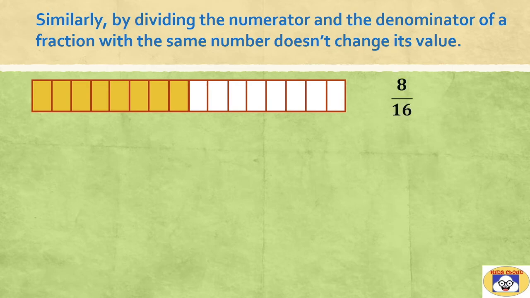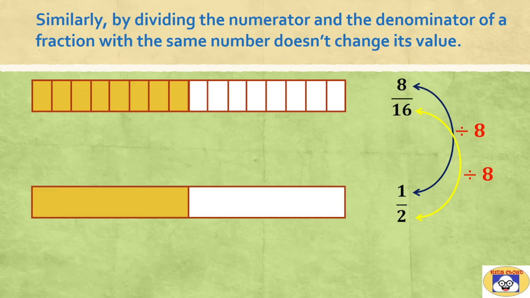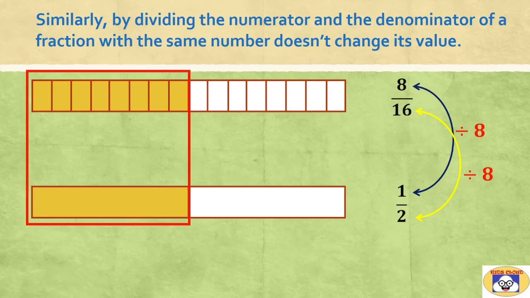To simplify it, if we divide the numerator and the denominator by the number 8, it will reduce to 1 by 2. Again, the yellow colored area doesn't change, though the fractions appear different. Hence, 8 by 16 is an equivalent fraction of 1 by 2.